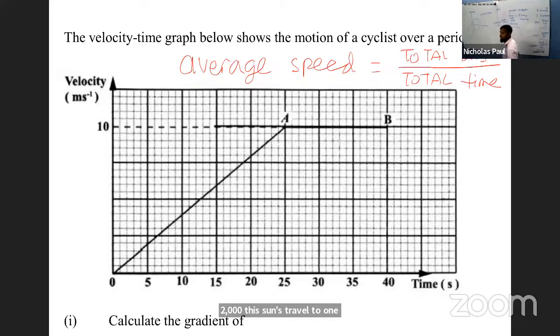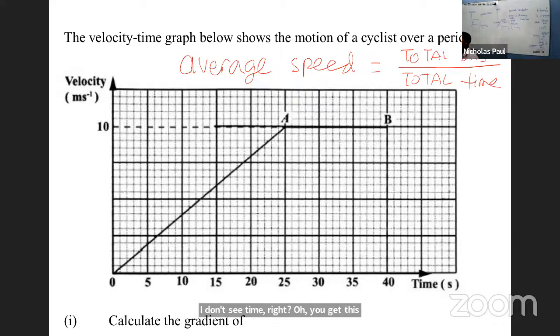So, what's the total distance traveled from 0 to B? What type of graph is that again? A velocity time graph, right? How do you get distance traveled on a velocity time graph?